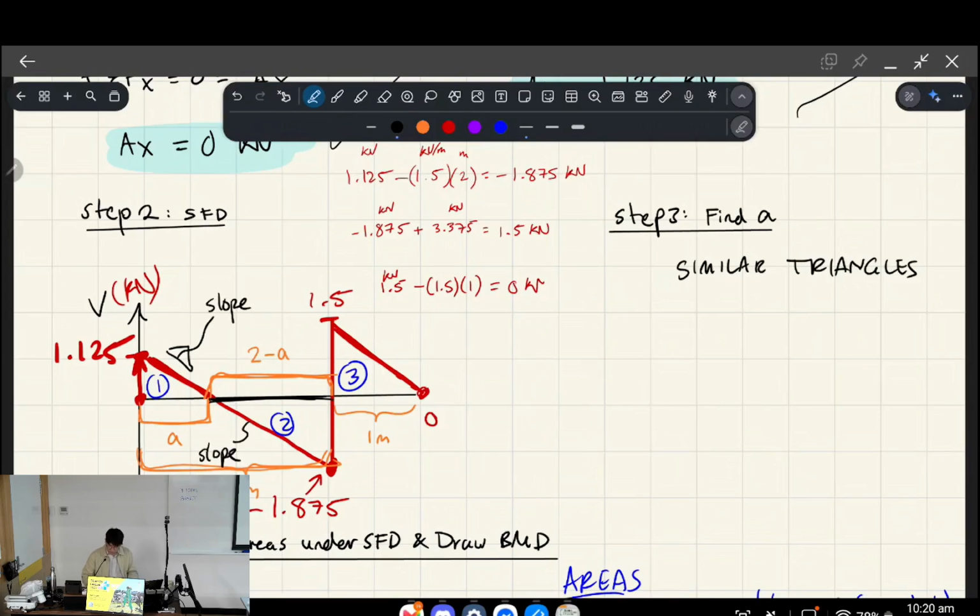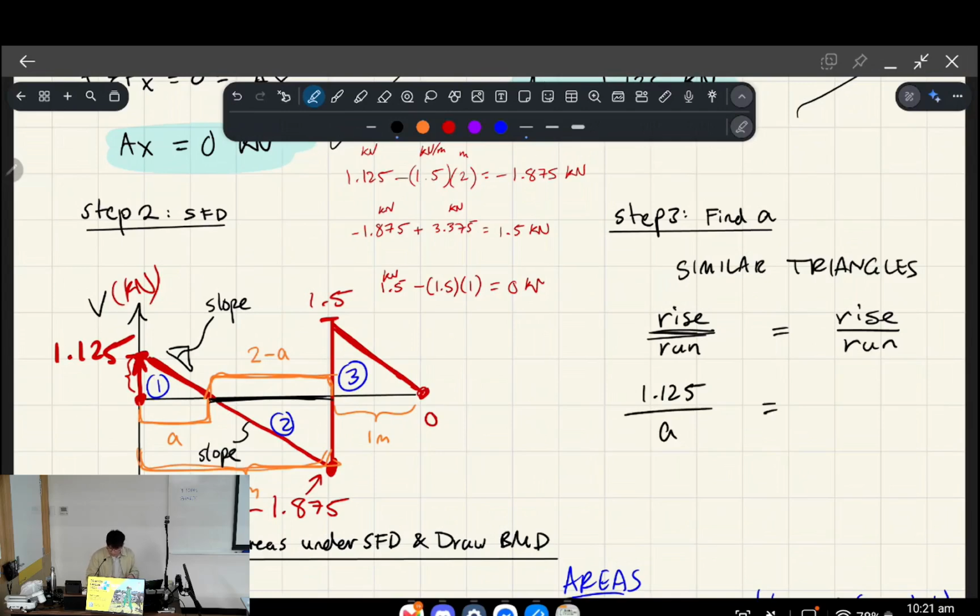In other words, the rise over run of the first triangle is equal to the rise over run of the second triangle. So what I mean by that, the rise for the first triangle is going to be this dimension here, and this dimension was 1.125, and the run, or the base of that triangle, is going to be A.